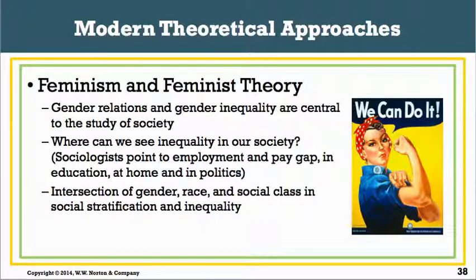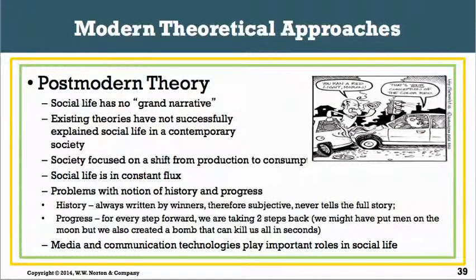Okay. The next theory, this one is a little complicated. Postmodern theory. Postmodern theory argues that social life has no grand narrative, and what that means is that it's not going somewhere.